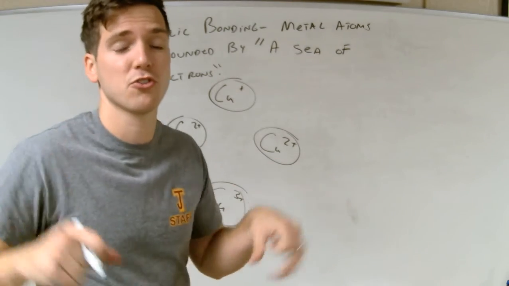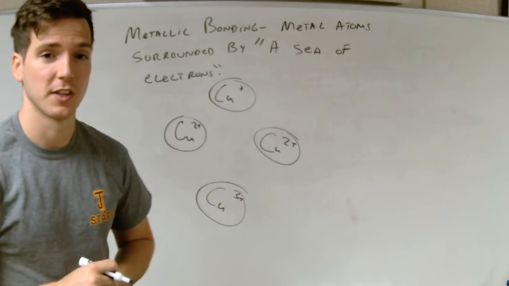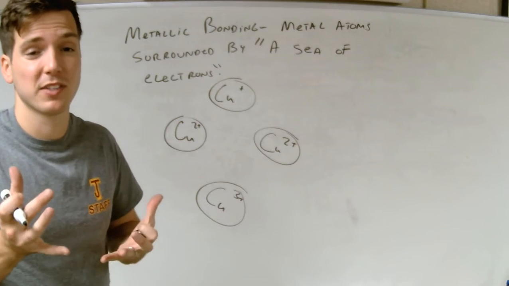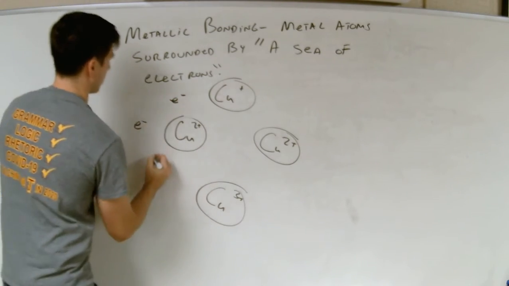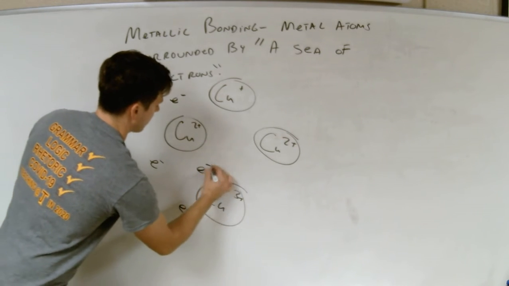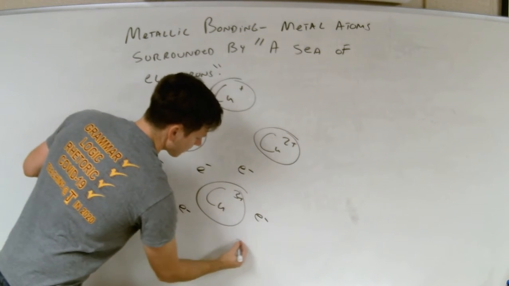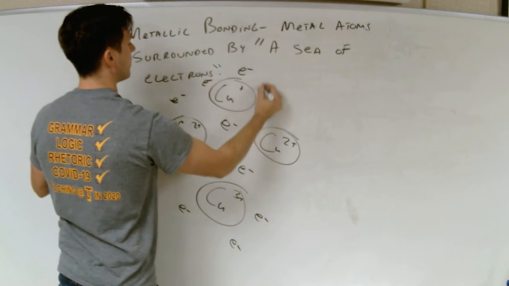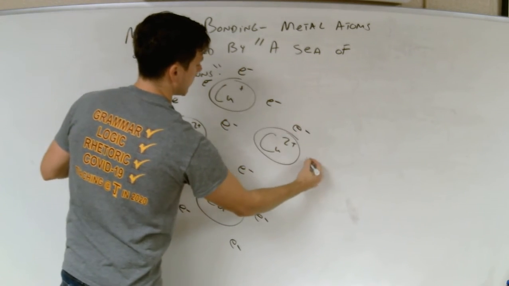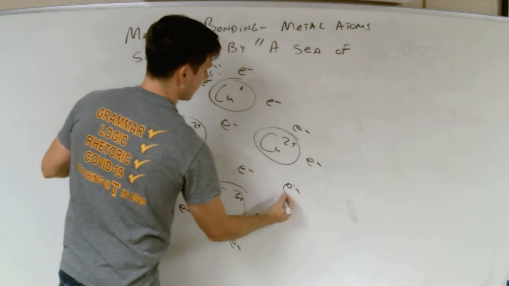They should disperse away from one another, but something keeps them all corralled, and it's this sea of electrons they're talking about. That's what metallic bonding is. It's just these metal atoms surrounded by a sea of electrons.